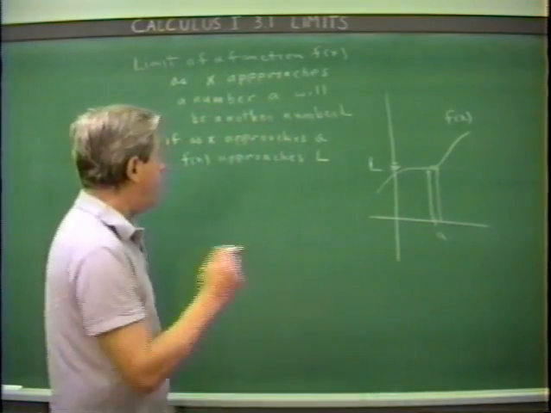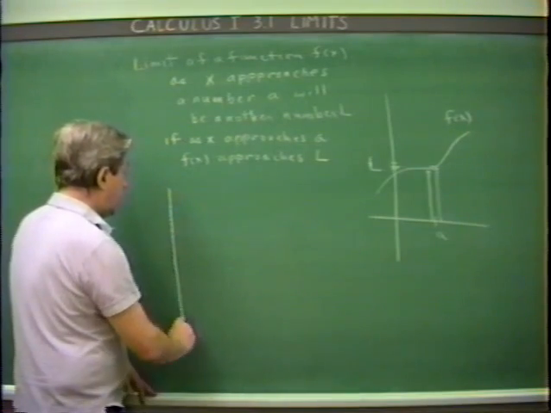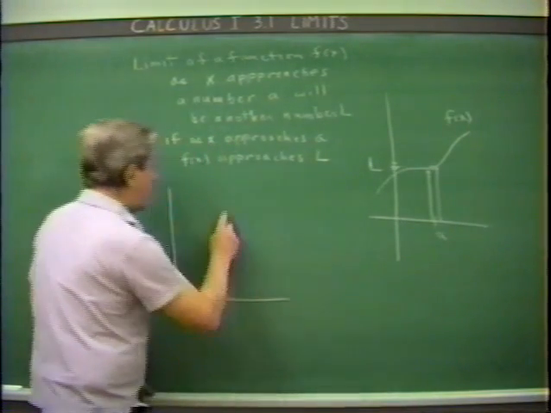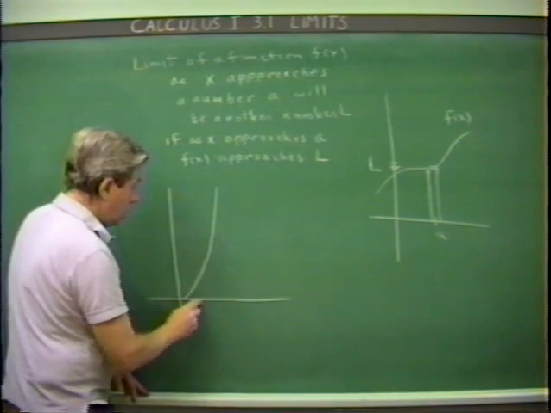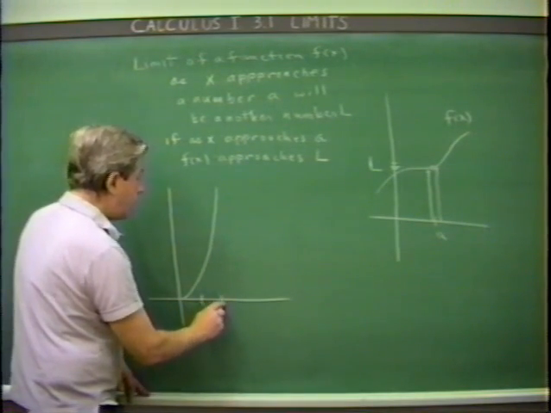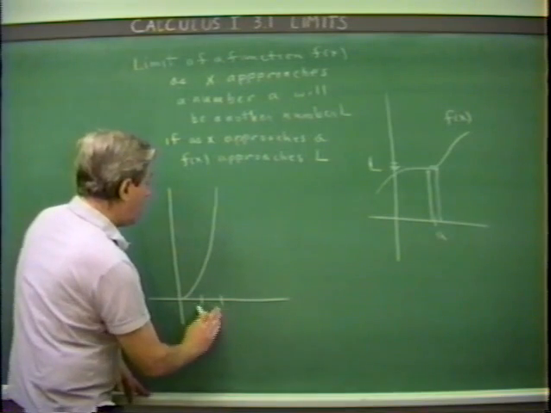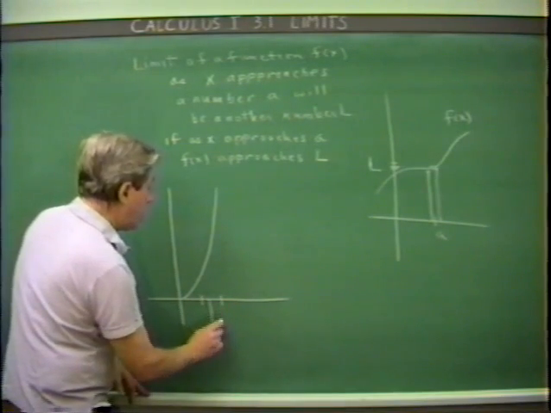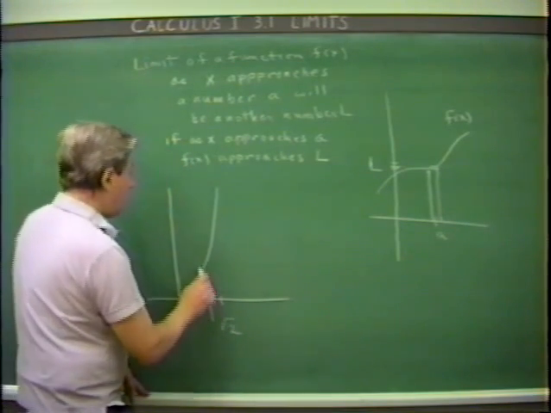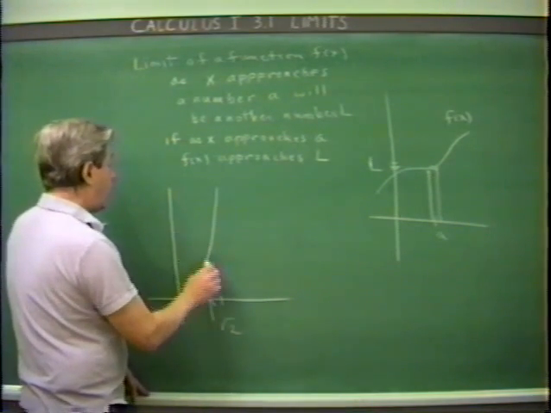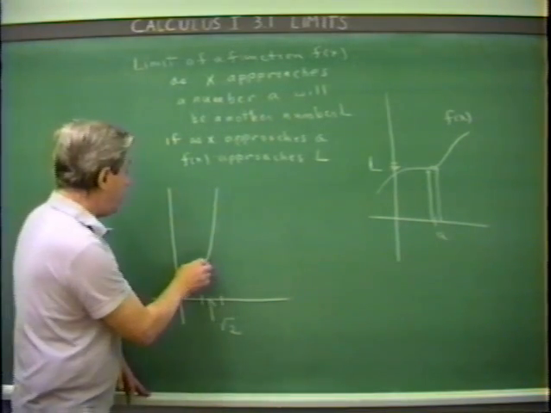Now the precise definition of the limit as x approaches A of f of x is equal to L. The Greek letters epsilon and delta are used, usually for small numbers.